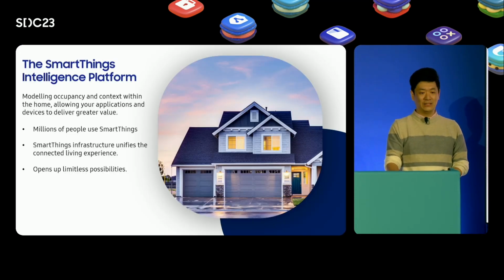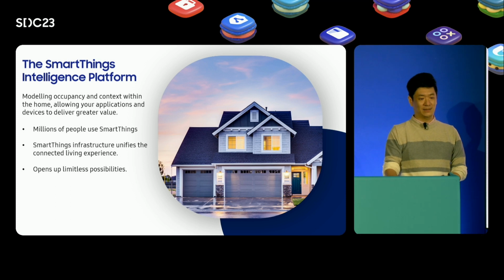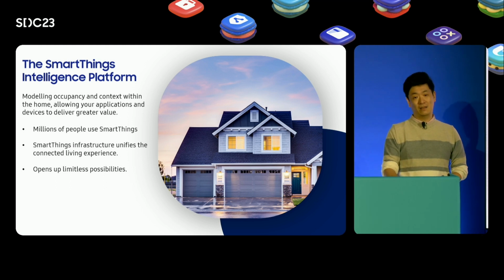Millions of people use SmartThings to control and automate their locks, lighting, appliances, thermostat, TVs, and more to secure, monitor, and maintain their home.